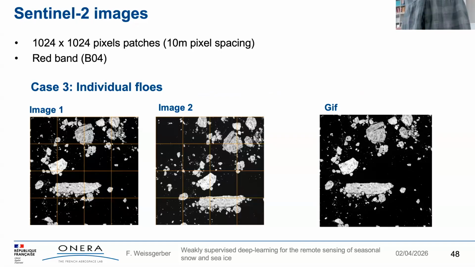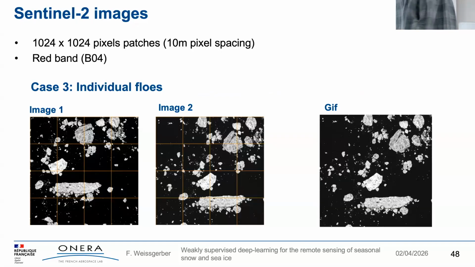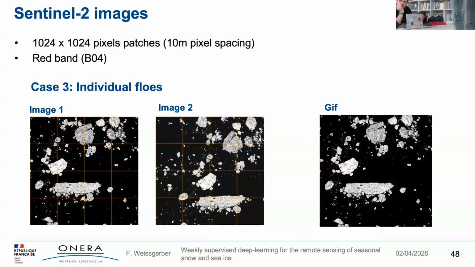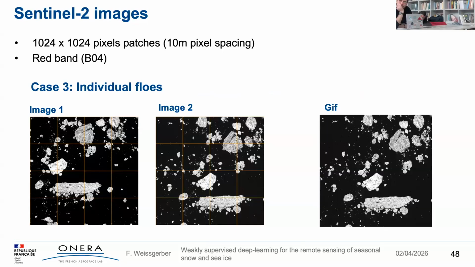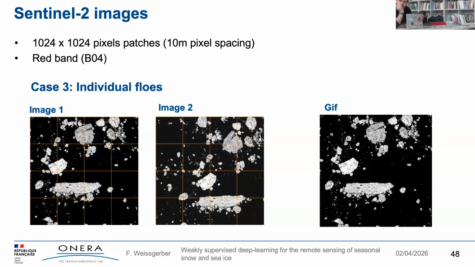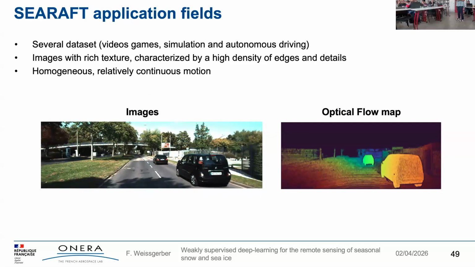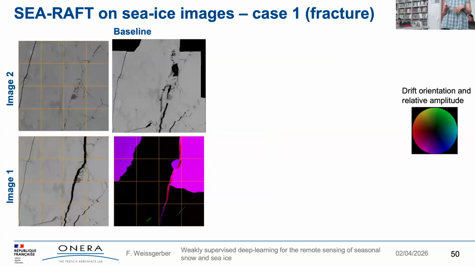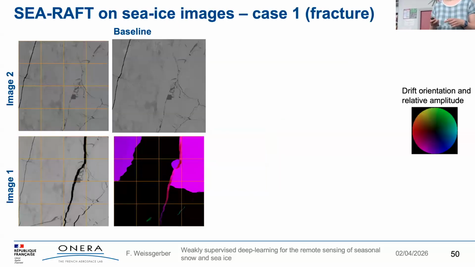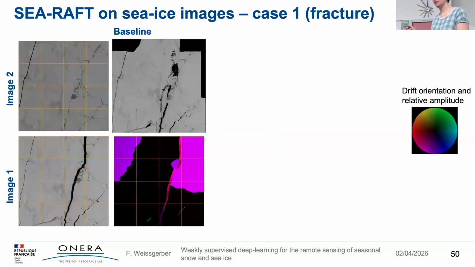And we can see that one floe is going in that direction, another floe is going in that direction, and all the small floes around the big one are also moving their independent way. So there is a lot of different motion. And so we need to do the retraining. I won't present that, but we don't have, sorry, I am going a bit too fast.